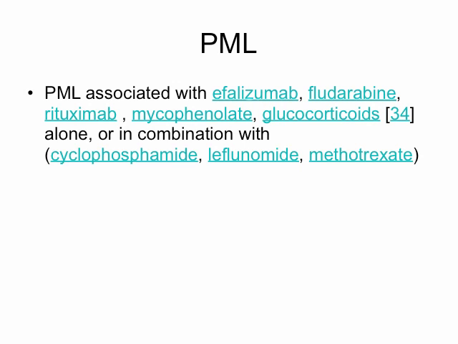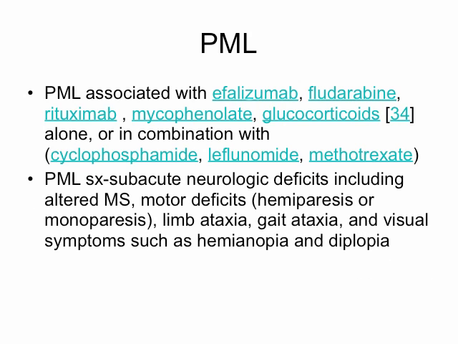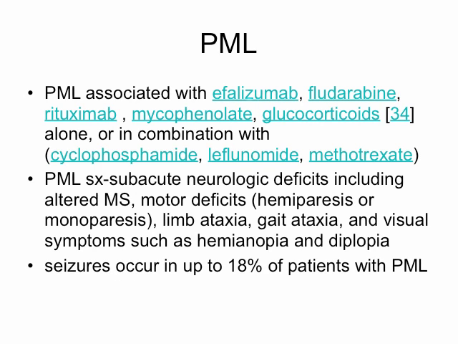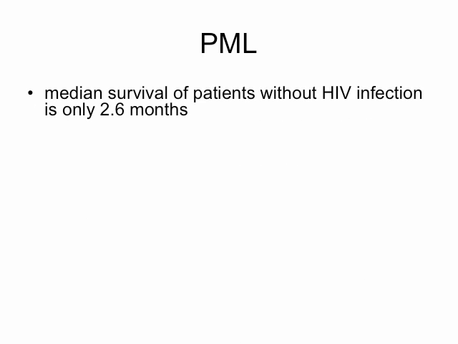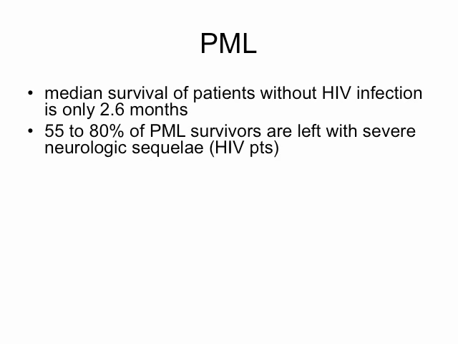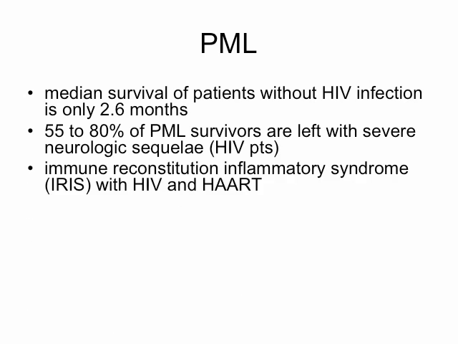However, that's all changing because the monoclonal antibodies, the immune suppressing drugs, are all causing increasing cases of PML. So you have to be aware PML is on the increase, and you can get all kinds of CNS abnormalities, seizures can occur. The median survival, unfortunately, is 2.5 months. PML survivors, if they do survive, are left with severe neurological sequelae.